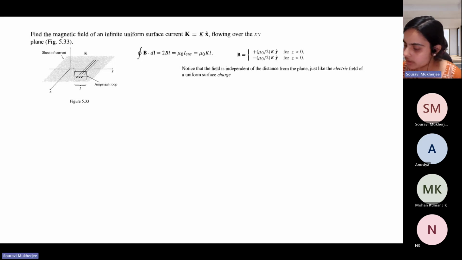Can you see the slides now? Okay, so I'll consider. Oh no. Okay. Can others see?